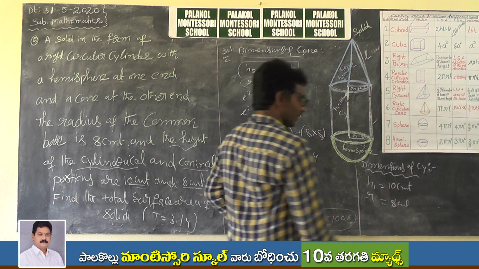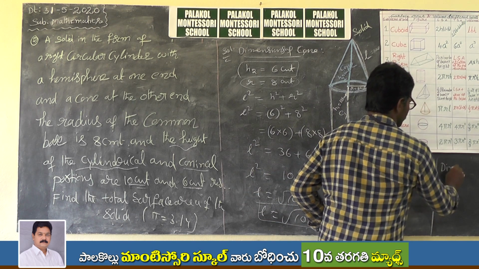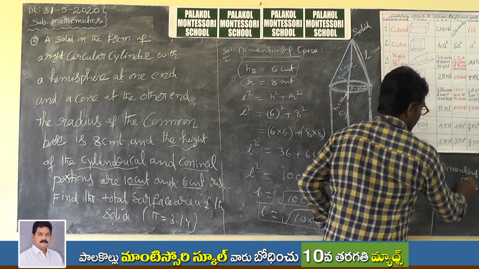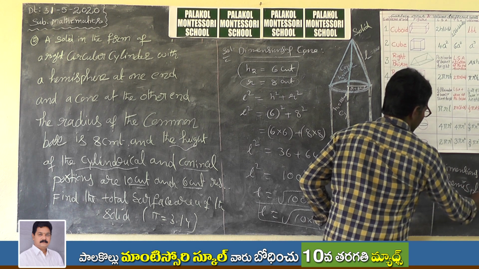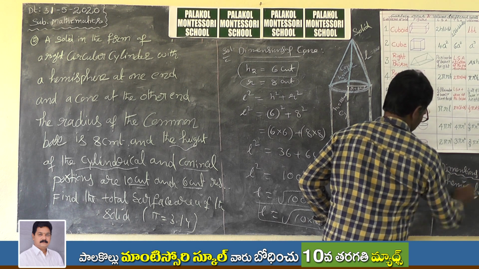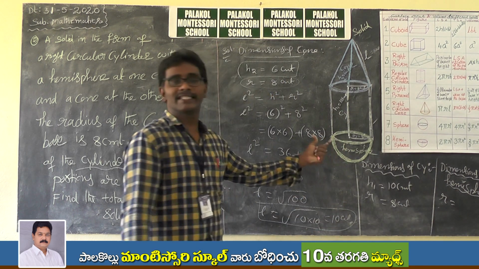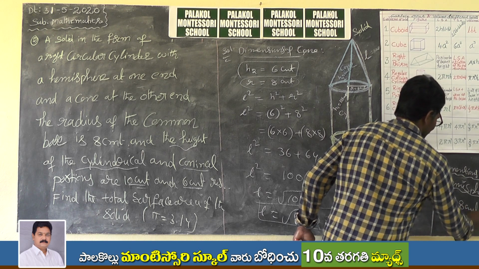Okay, now this is right. Next one, dimensions of the hemisphere. Only one dimension is there, that is the radius. R is equal to 8 centimeters.